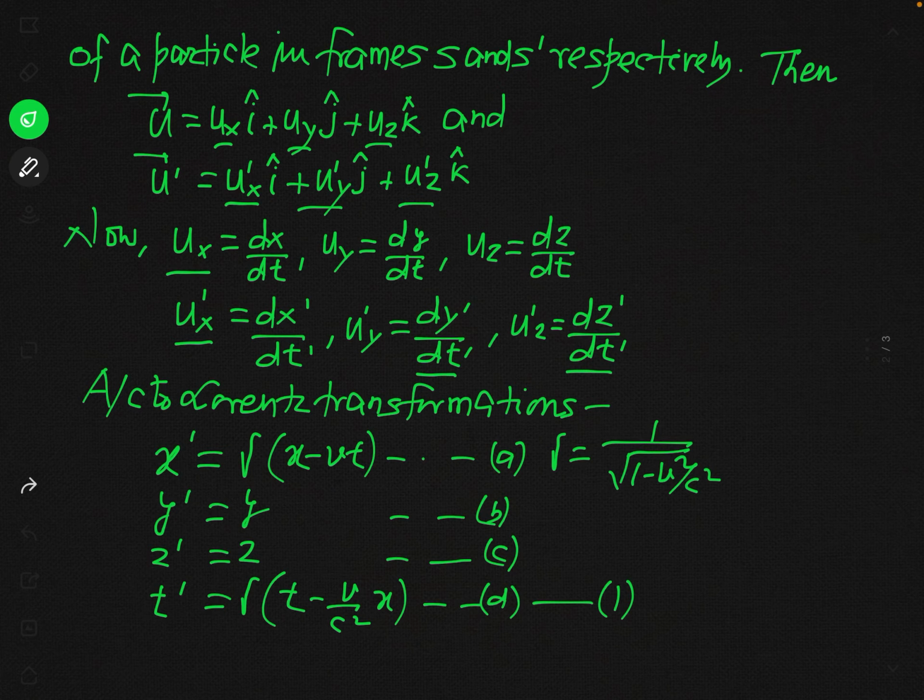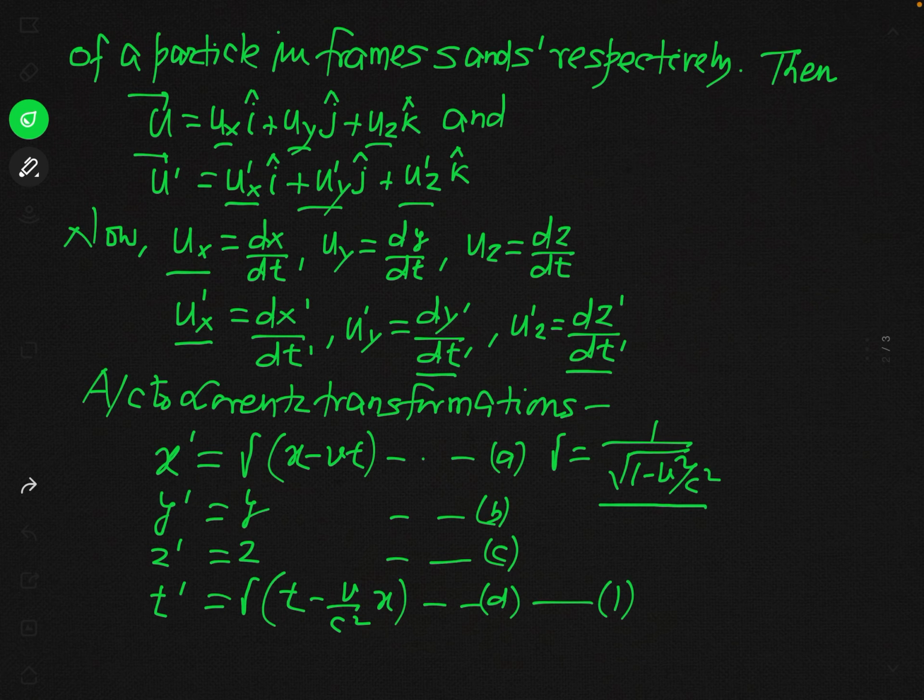This is the first Lorentz transformation equation, and gamma is just a number equal to 1 over root of 1 minus v squared by c squared. The other Lorentz transformation equations are y prime equal to y, z prime equal to z, and t prime equal to gamma times (t minus v over c squared times x). Here gamma has the same meaning, 1 over root of 1 minus v squared by c squared.